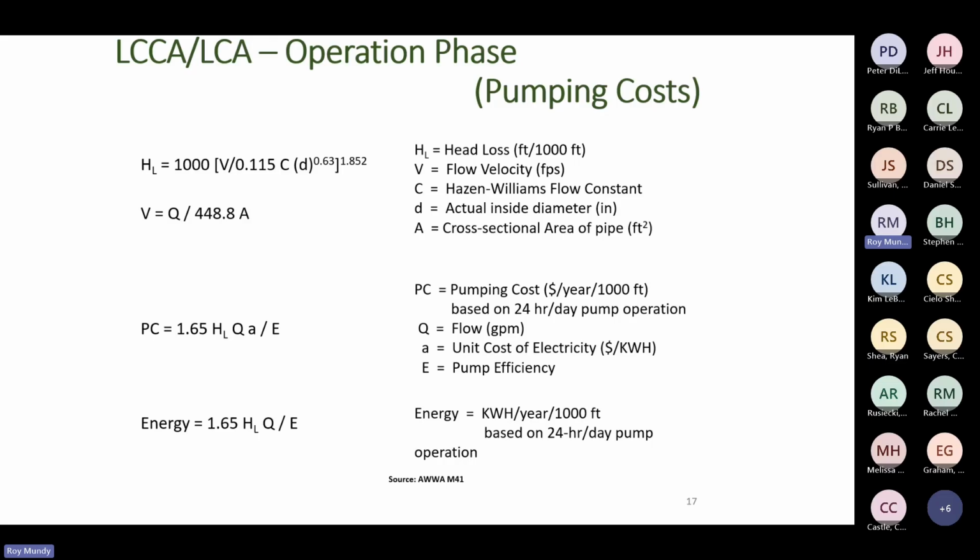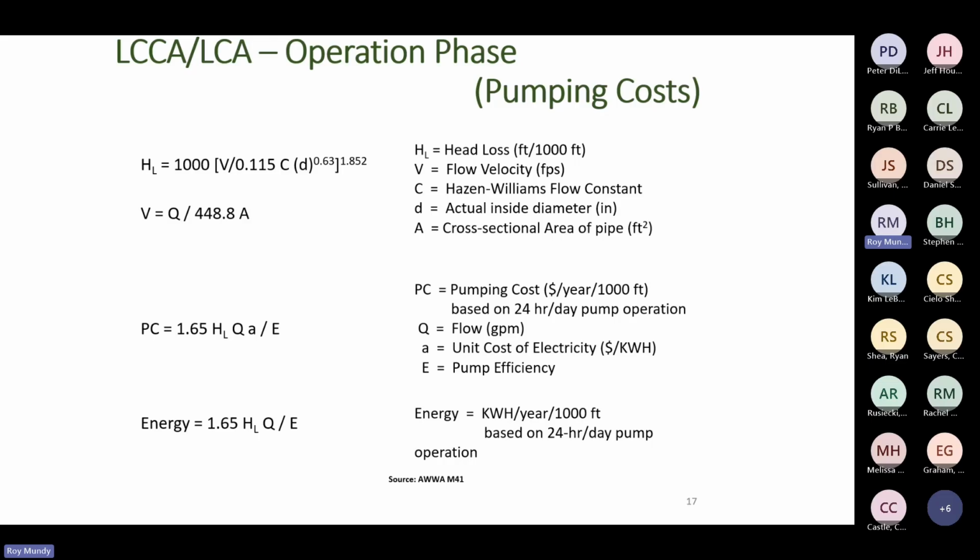And then they extended that through identifying the head loss because of that inside area concept to what it is going to cost in electric cost to bring those two components back equaling one another in terms of the diameter differential.